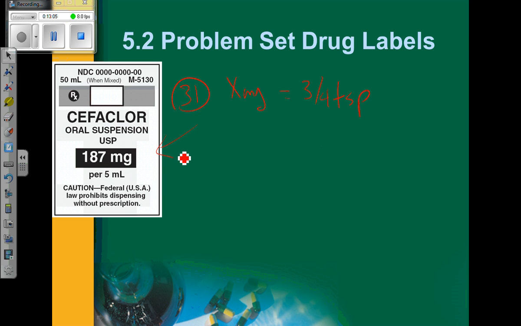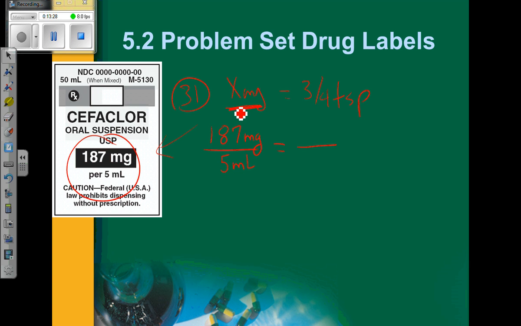So this you could actually set up in a ratio proportion. So we know this is our given, so I'm going to go ahead and put it first. I'm going to put the milligrams, the weights, on top. It doesn't matter what you do, as long as when you multiply, the X always goes on the bottom. 5 milliliters. Okay, so that's where I got that from your label.